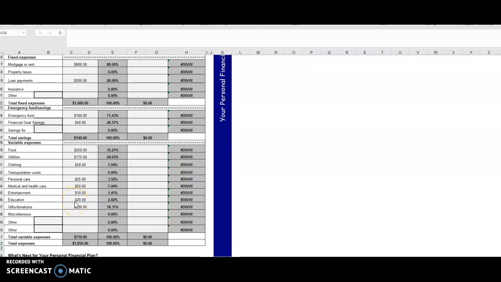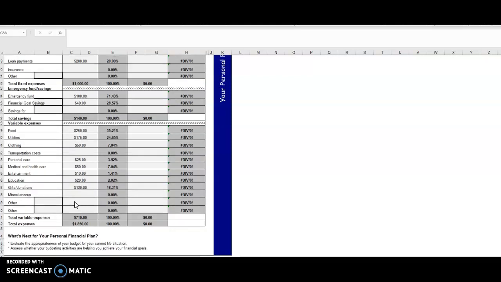Education, we're going to budget $20 for education. And we're going to plan to spend $130 on gifts and donations. Okay, so our total variable expenses might change from month to month in our cash flow statement, but not so much on our budget. Our budget is going to be 710 for that group of expenses known as variable.